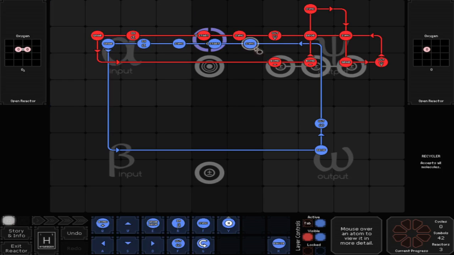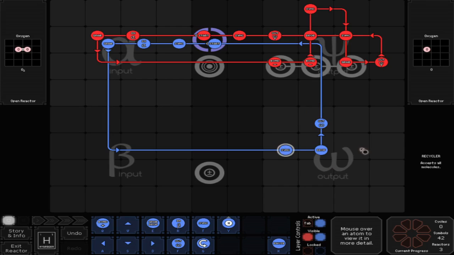Alright, now in the interest of speeding this process up just a little bit, because basically no oxygen atoms will reach the final reactor until blue has thrown away one O2 molecule. Let's move the sync over to here.